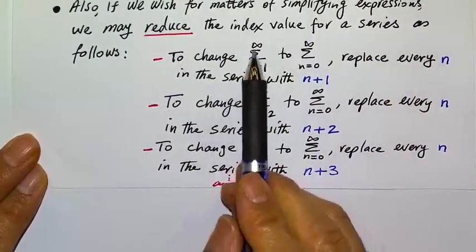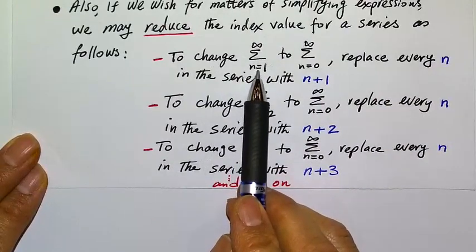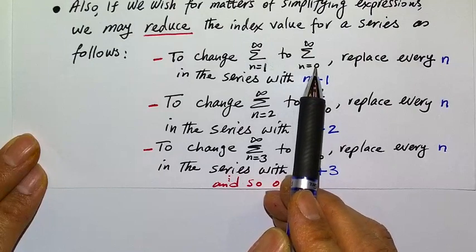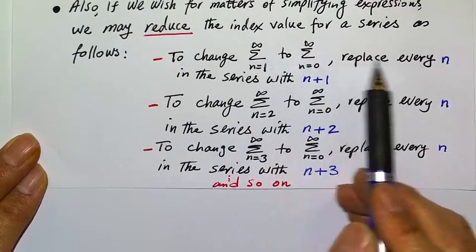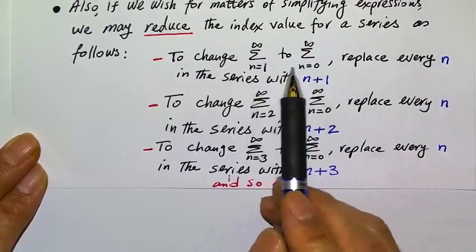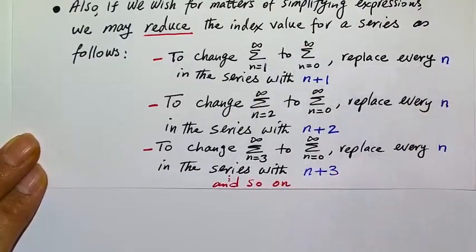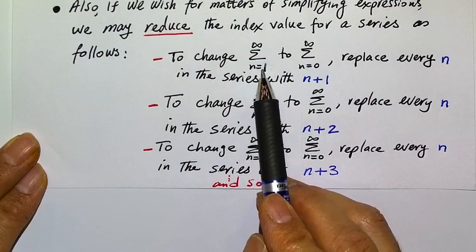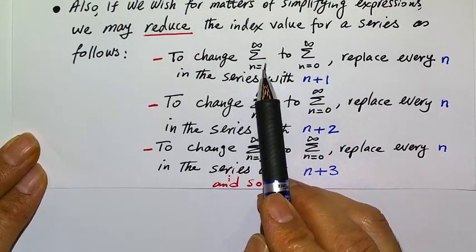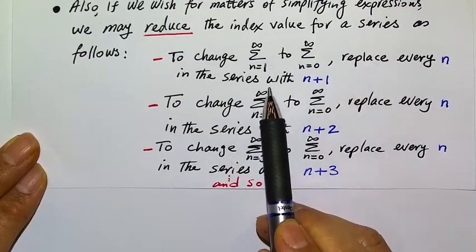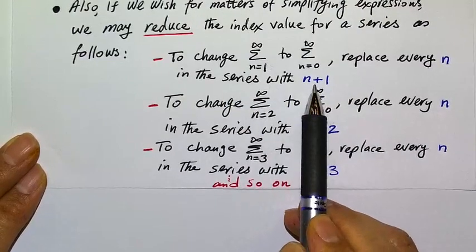To change this series where the index starts from 1 to infinity to one where the index starts from 0 to infinity, replace every n in the series with n plus 1. If you're reducing this number by 1, then everywhere in your series where you have n, replace it with n plus 1.